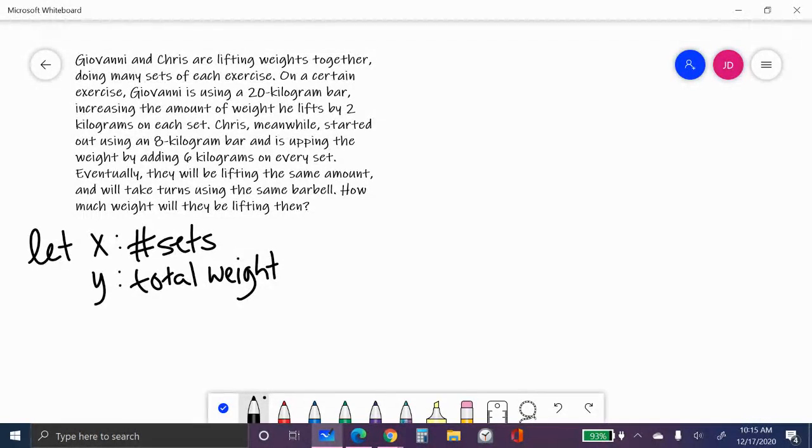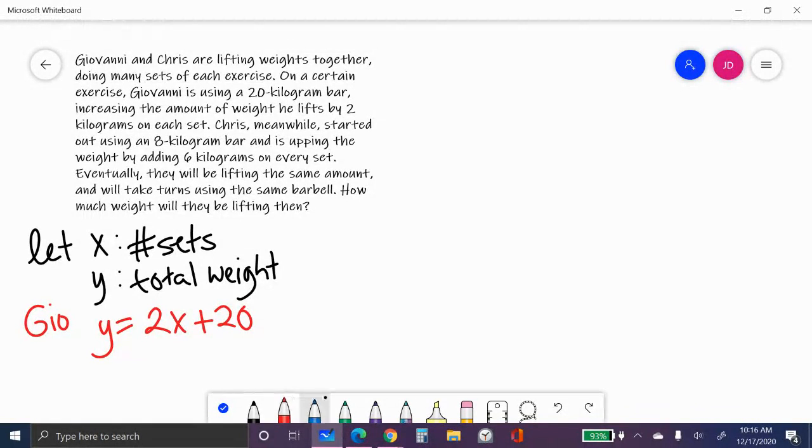All right. Giovanni, what's he lifting? I'm going to abbreviate. It's a long word. So I'm going to say Gio, his total weight is going to equal, 20 kilogram bar and lifting it 2 kilograms each set. So 2 kilograms per set with a 20 kilogram bar. So 2x plus 20.